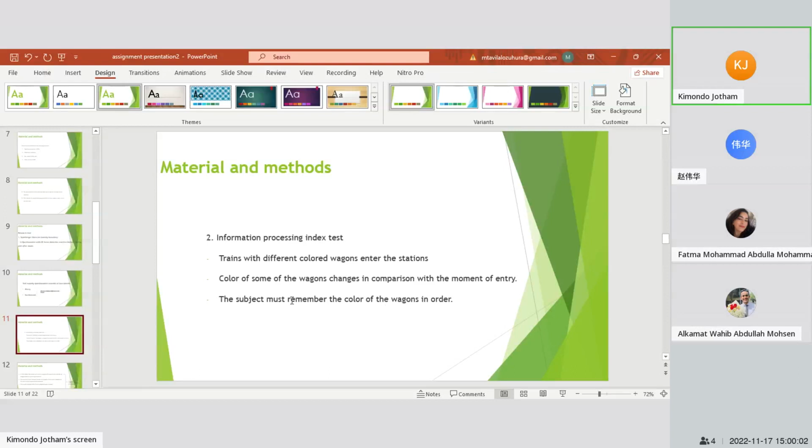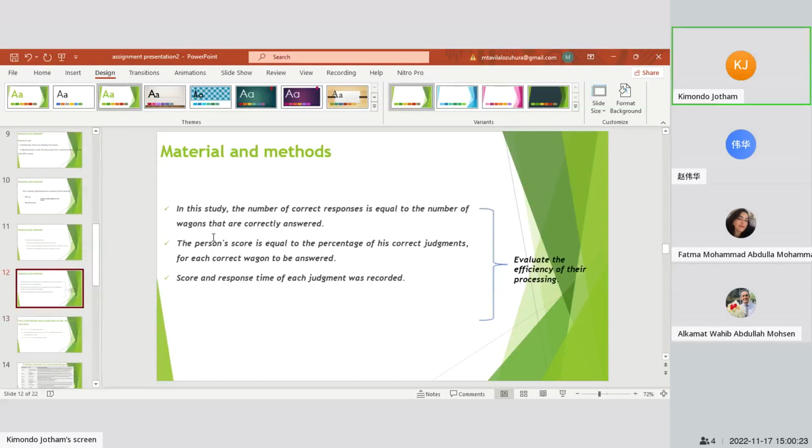Actually, these trains were having different colors. So the subject was asked to remember the color of the wagon as it passed through the station.